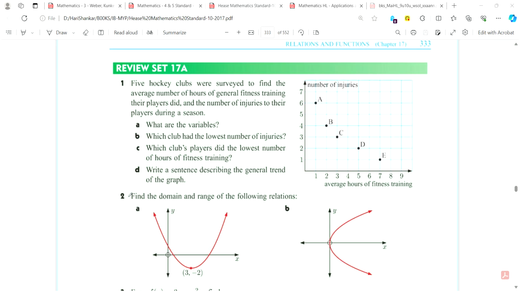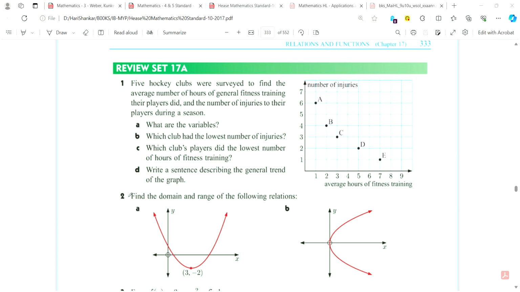I can take any x value for this graph and I have the y value for it, going from negative infinity to positive infinity. So I can say x is such that x belongs to real numbers.